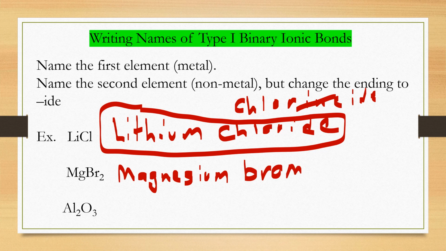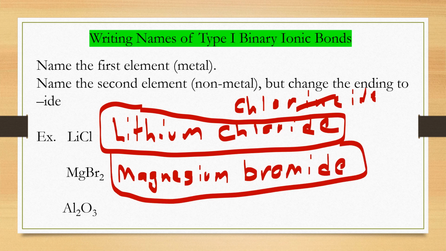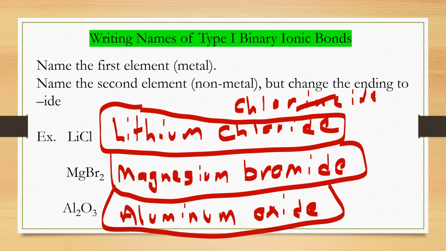So magnesium bromide. The last one, we have aluminum, keep its full name. Oxygen, we're changing the ending to "ide." So for this one, it's going to be oxide. Okay? So that part should be pretty easy peasy.